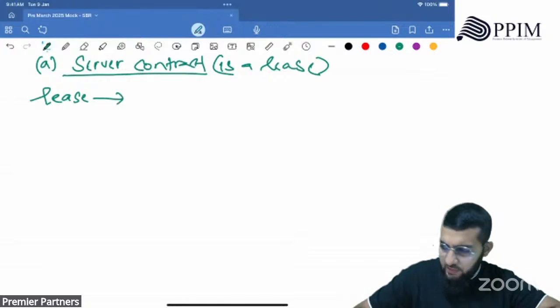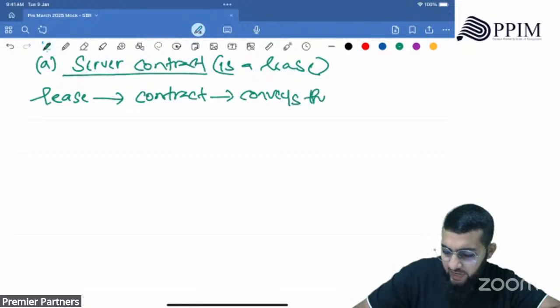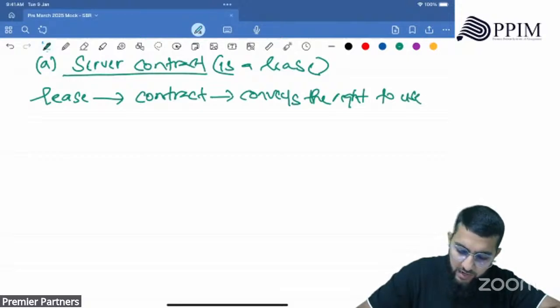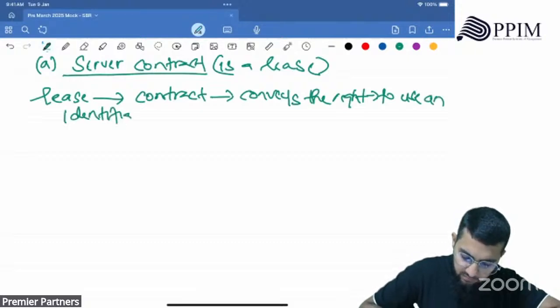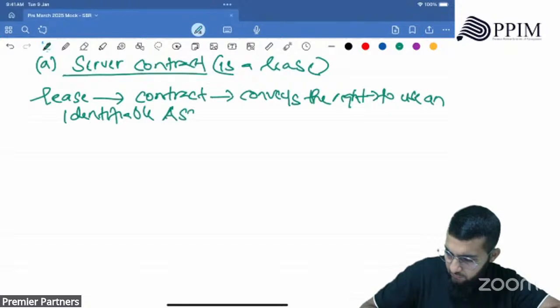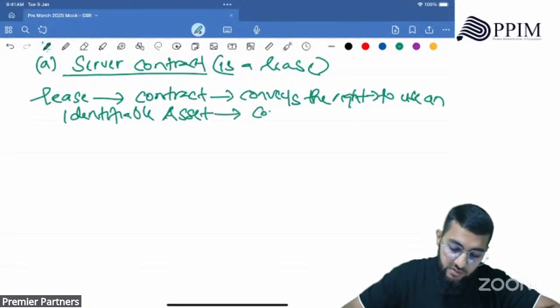right? A lease is a contract that conveys the right to use an identifiable asset in exchange for consideration.